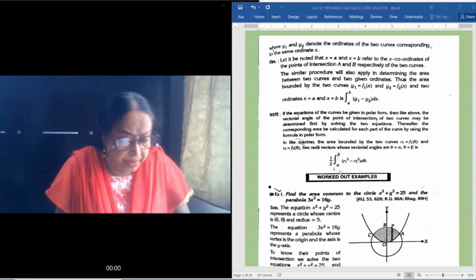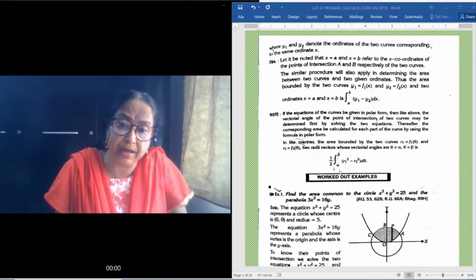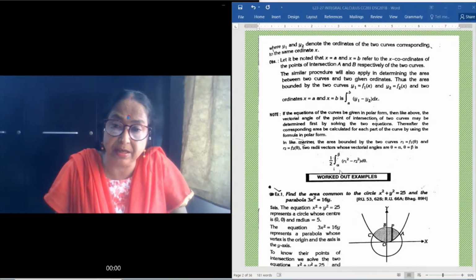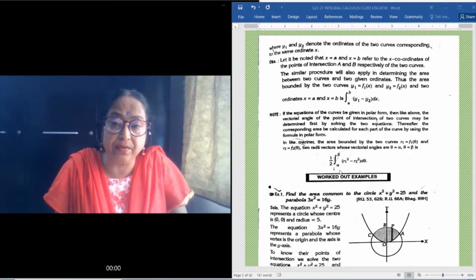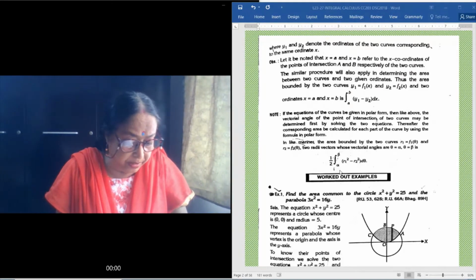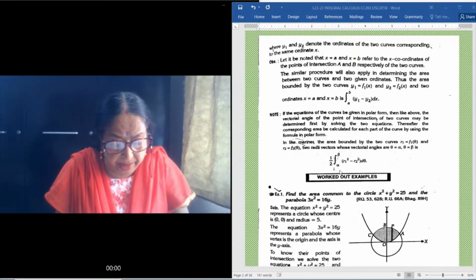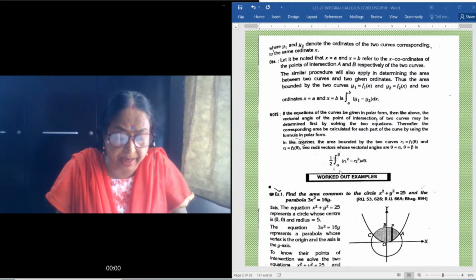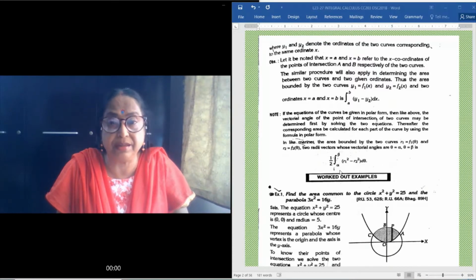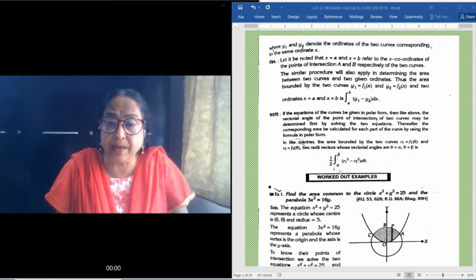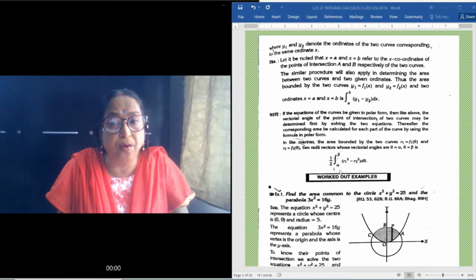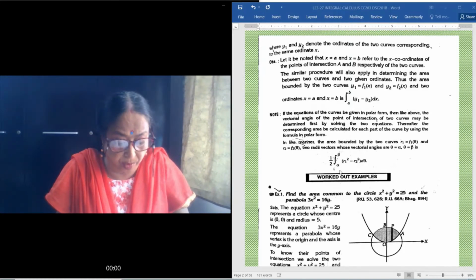We know x squared plus y squared = 25 is a circle of radius 5 with its center at the origin, and 3x squared = 16y can be written as x squared = (16/3)y, which is of the form x squared = 4ay.